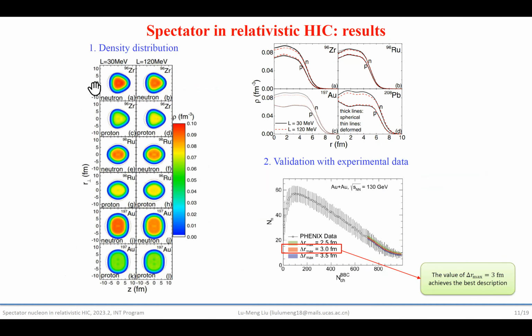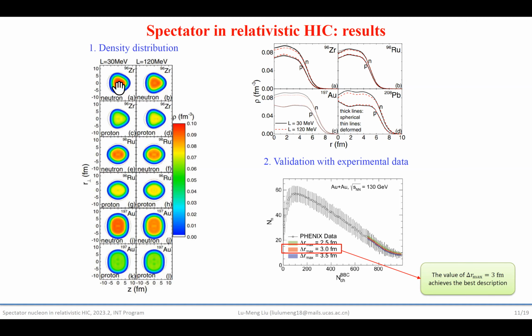This is a density distribution obtained from the Skyrme-Hartree-Fock-Bogoliubov model, including the zirconium, ruthenium, gold and lead, with different slope parameter of symmetry energy, 30 and 120.